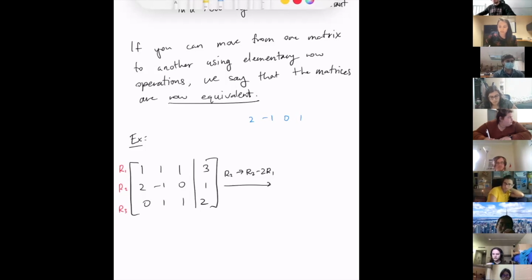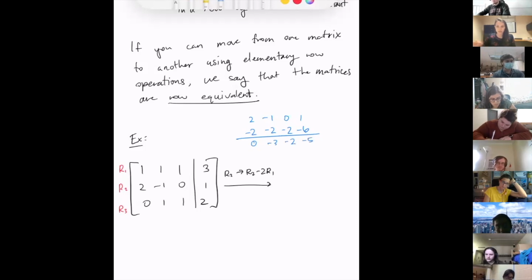So row 1 times -2 is -2, -2, -2, -6, and then add them together, entry at a time. In the first entry we get 0, then -3, -2, and -5. Everything else stays the same, and we replace row 2 with what we just computed. So row 2 will be 0, -3, -2, -5.